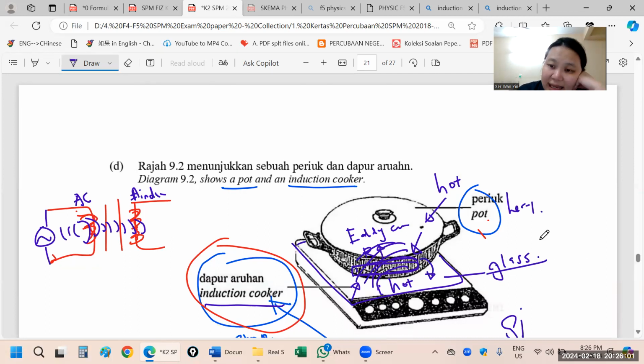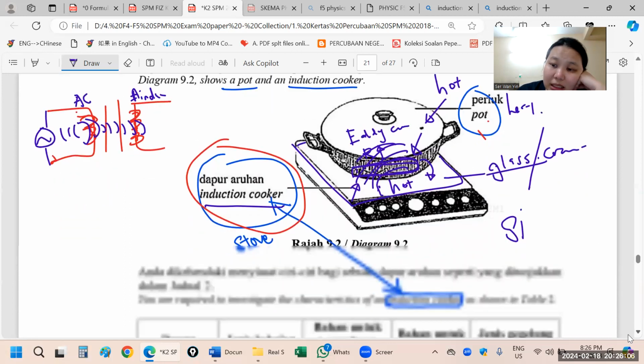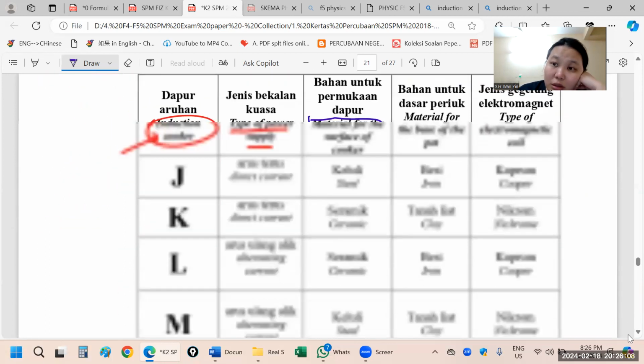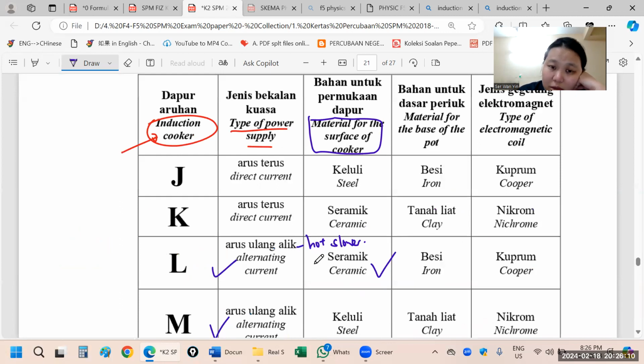That's why we put glass or ceramic, to prevent the heat, to make it heat up slower. So you can say heat up slower, you can say high specific heat capacity, you can say prevent from burning or something.